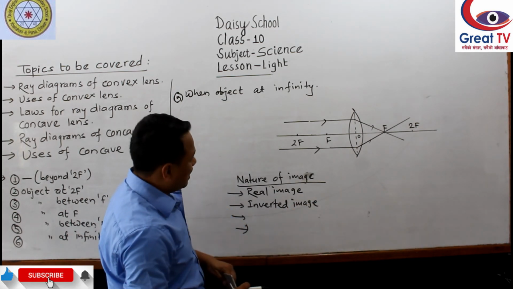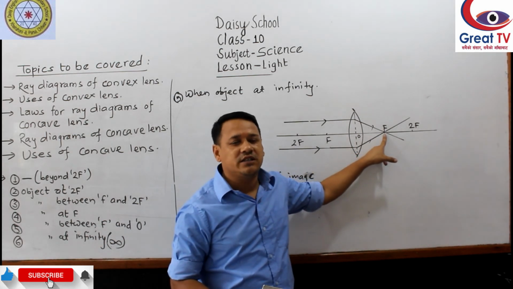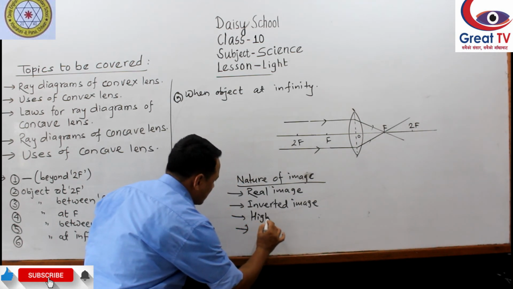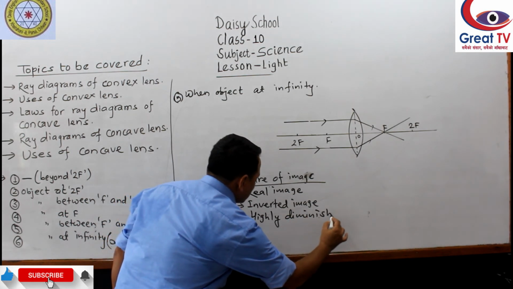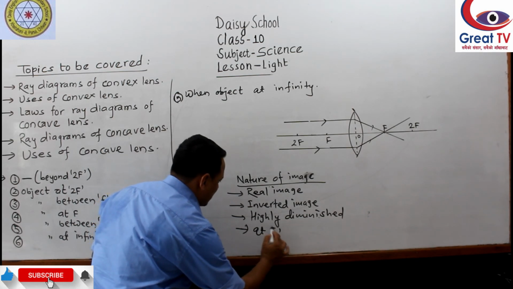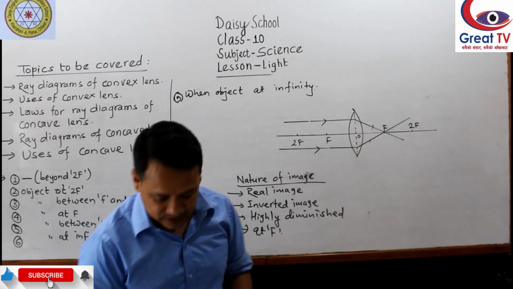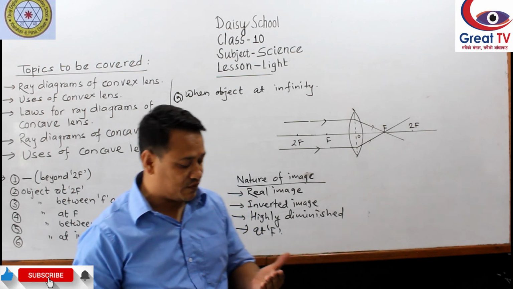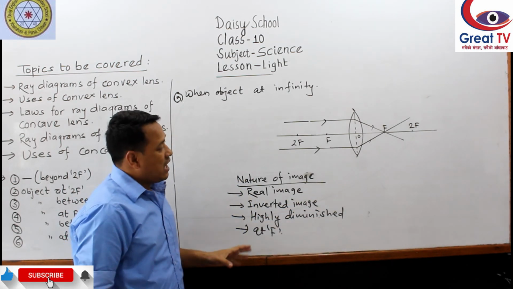Size is very small, that means highly diminished. And at what position does it form? At F position it forms. So this is the ray diagram of convex lens while keeping the object at infinity position.